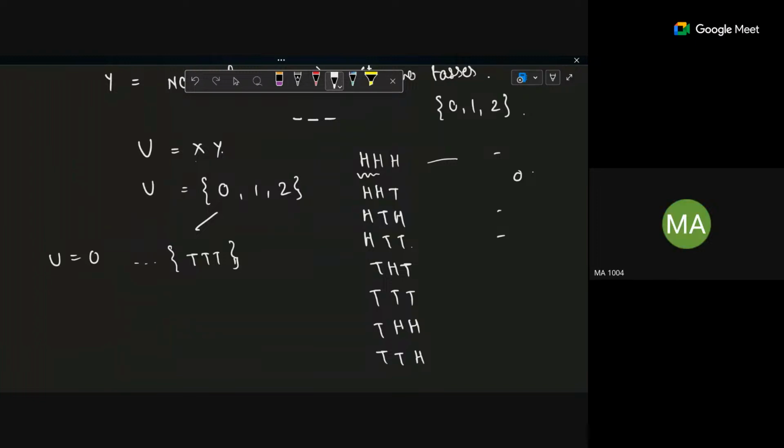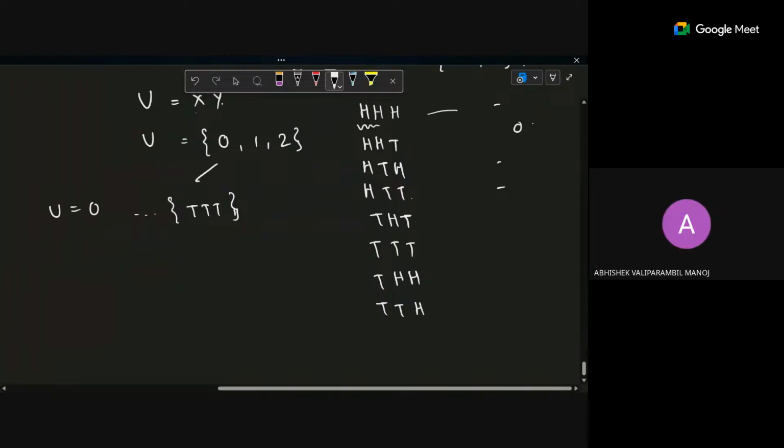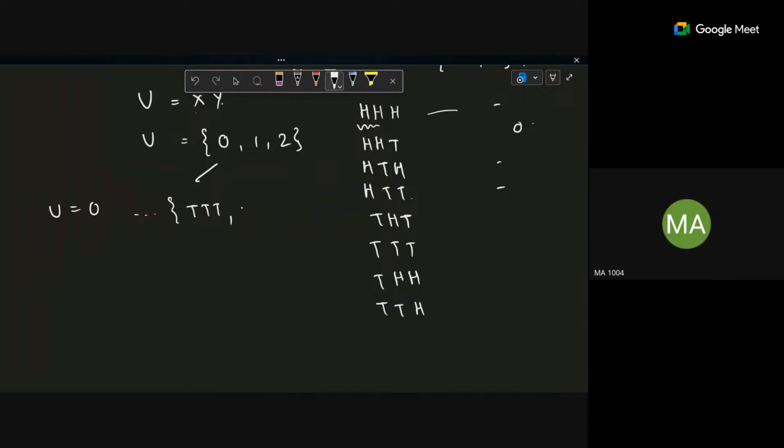Any other case? HHT, in this case your Y is 0, right? THT will not work, HHT will. Fine. Any other case? No, I think.